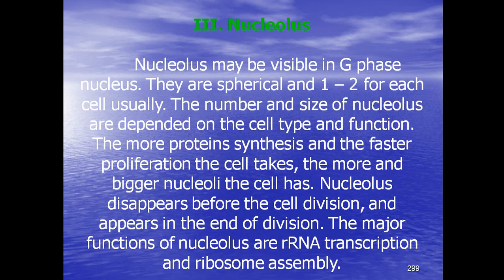The nucleolus is visible only during the interphase, because once cell division starts, there is a disappearance of the nuclear membrane. With the beginning of the cell cycle, there will be disintegration of the nuclear membrane or nuclear envelope.